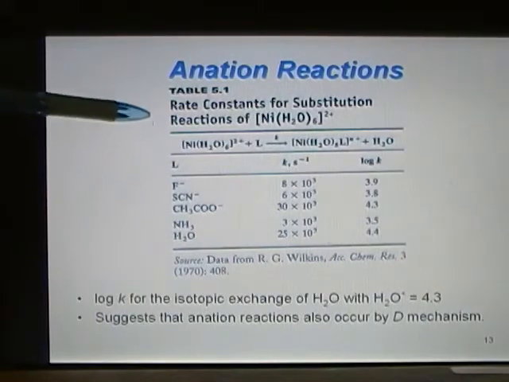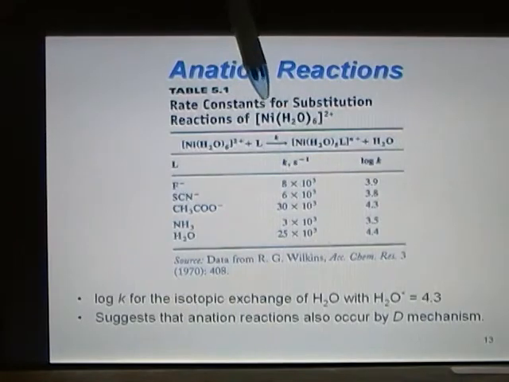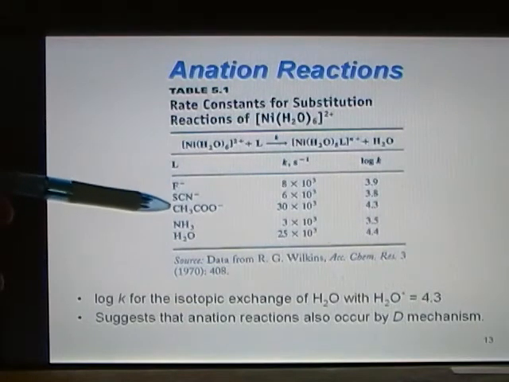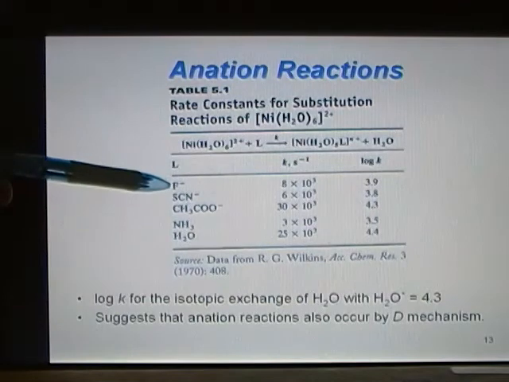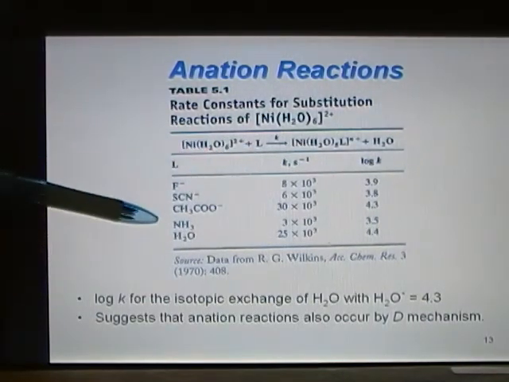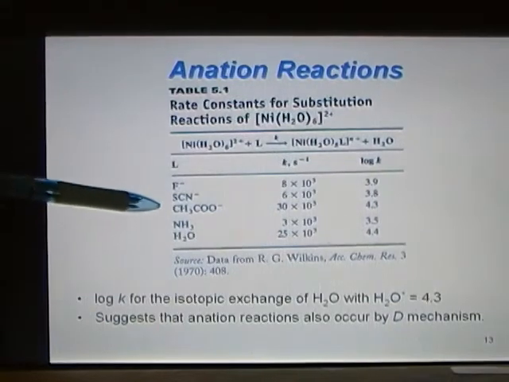In this table, we are looking at the rate constants for substitutions of Ni(H2O)6. In the first 3 pieces of data, we have 3 anions, the ligands that will come in and replace one of the waters: F-, SCN-, and CH3COO-.